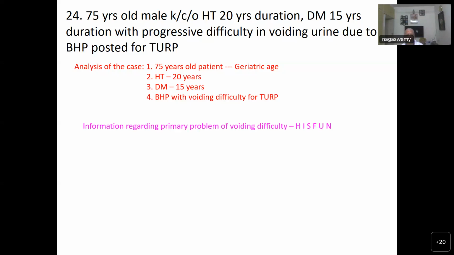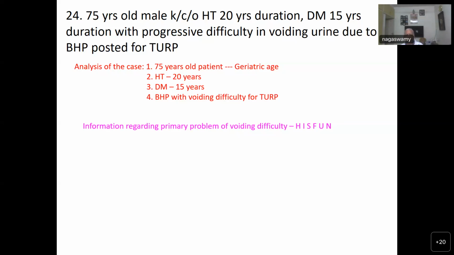Sometimes the examiners may ask you about these problems in voiding. What are the types of problems? I have told you in the class about the American Urological Association's description of the difficulty.